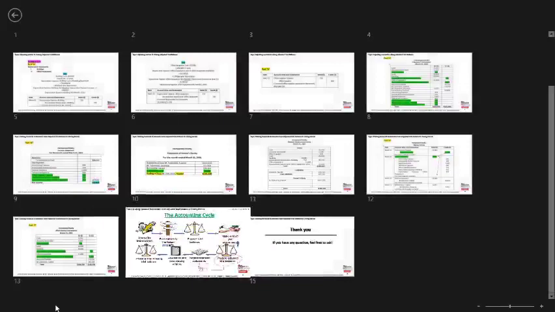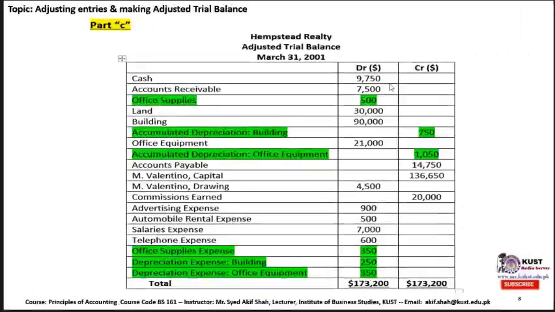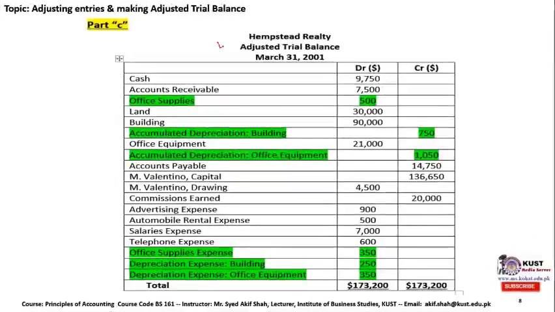So let's go back to our adjusted trial balance. Here it is, which will be utilized for making the income statement. We have to understand the adjusted trial balance and its sections in detail. After analyzing, you will be able to make the first financial statement, the income statement, by obtaining the relevant data from it.